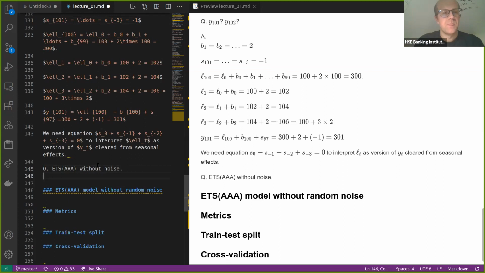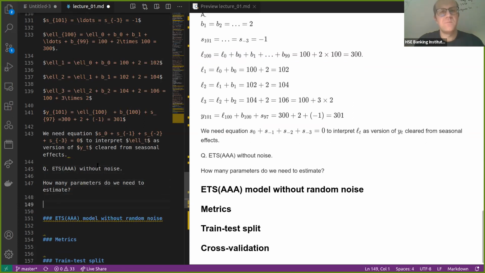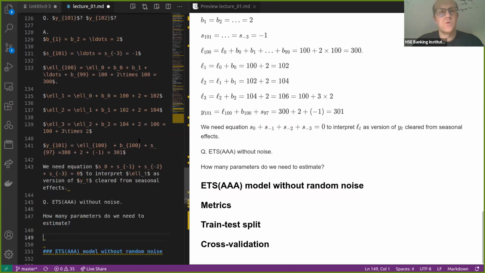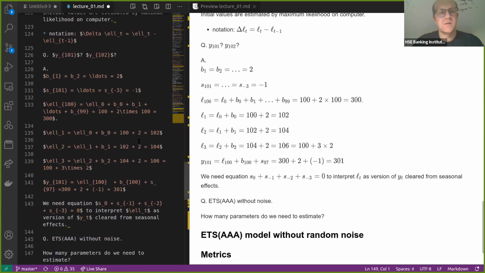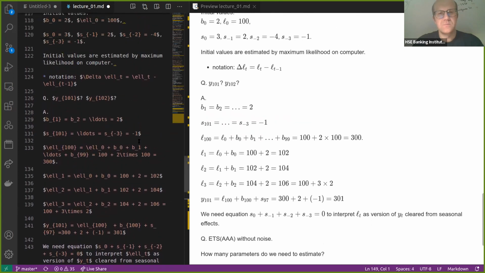How many parameters do we need to estimate to completely specify the behavior of the model?